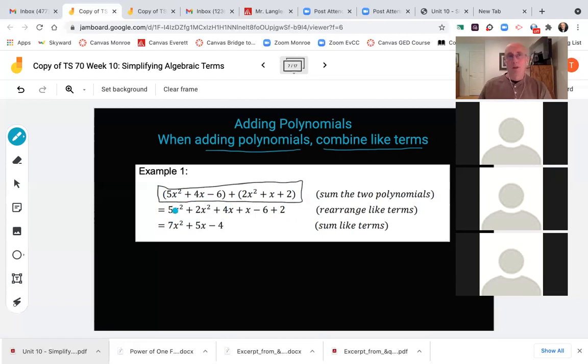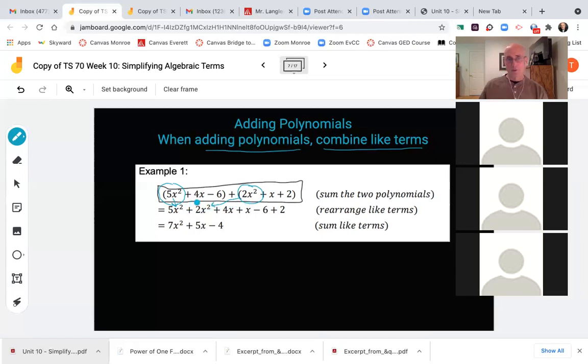All right. So here's what they did. You've got this 5x squared here. You see how this is a term with x squared. And then, oh, here's another one right here, plus 2x squared. So what they did was they wrote it right here. This is called showing your work. When I ask you to show your work on something, you're combining these two like terms, 5x squared plus 2x squared.